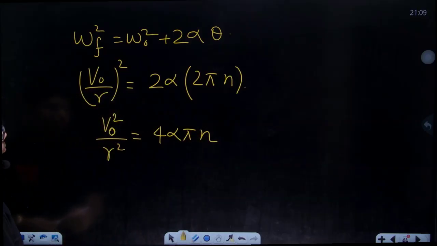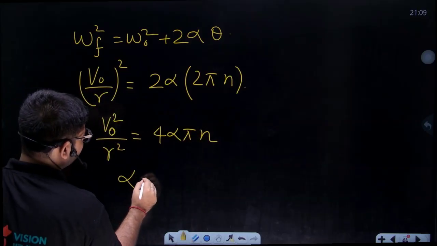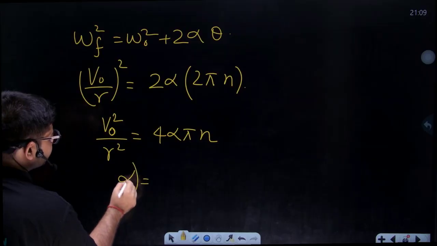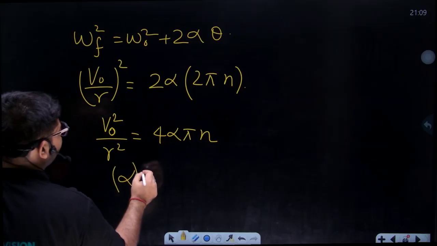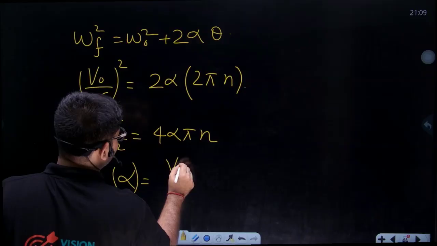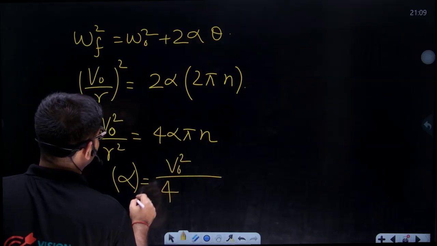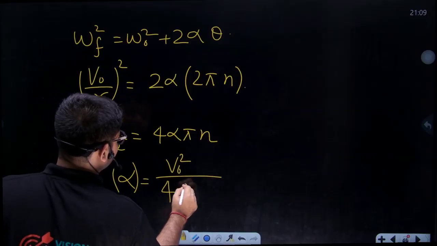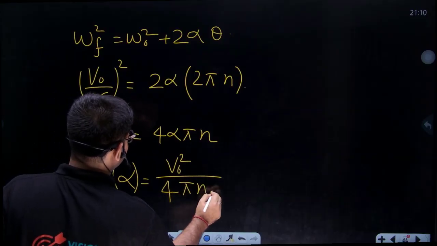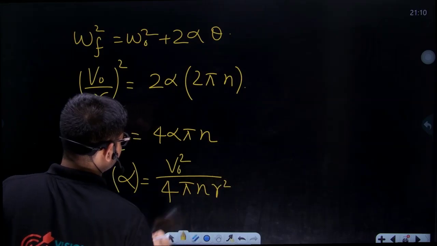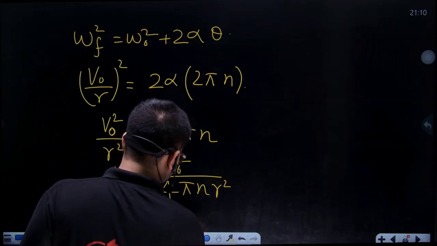So from here the value of alpha, alpha is nothing but the angular acceleration, you will find v naught square divided by 4 pi n into r square.